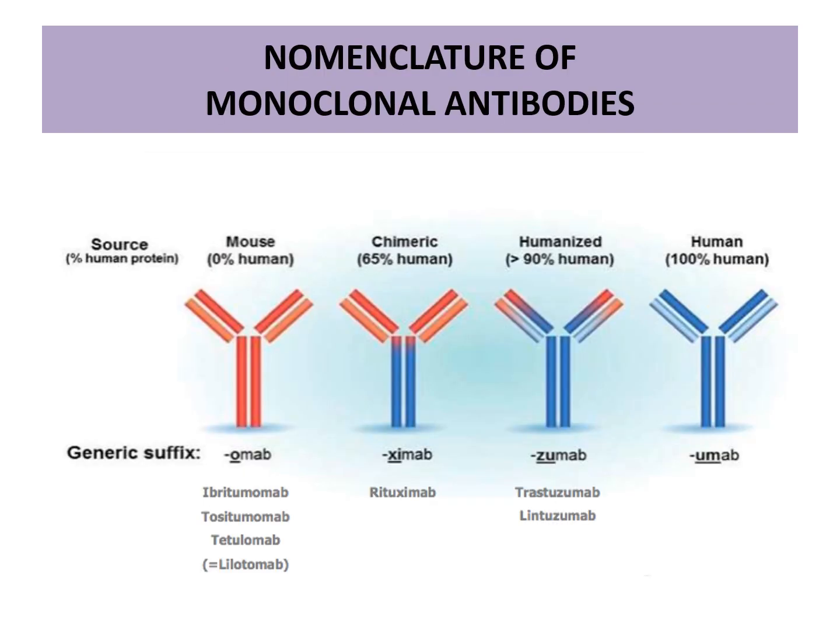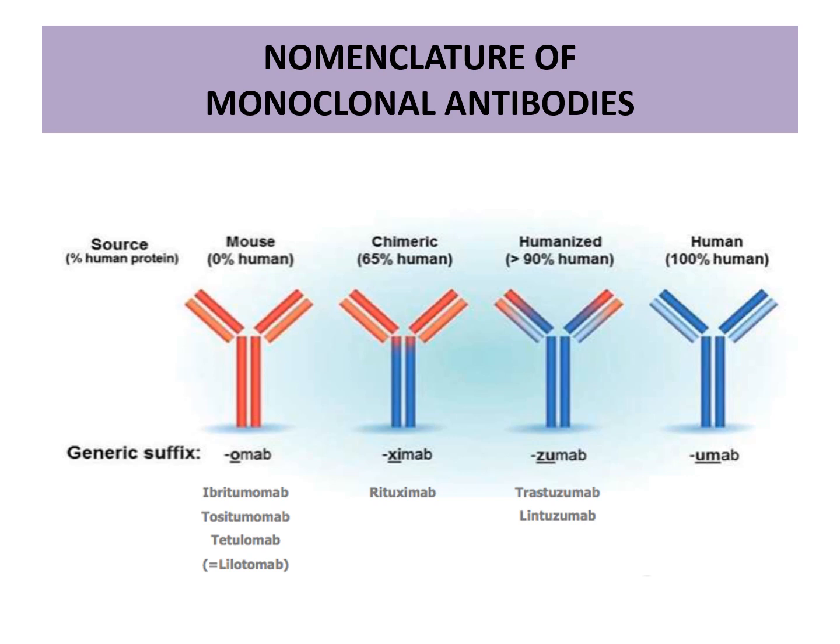If we want to go further on the nomenclature of monoclonal antibody, if it's 100% mouse with 0% human antibodies, it will be called something like OMAB: ibritumomab, tositumomab, tetulomab. If chimeric, whereby it's about 65% human, it comes out as XIMAB, for example, rituximab.